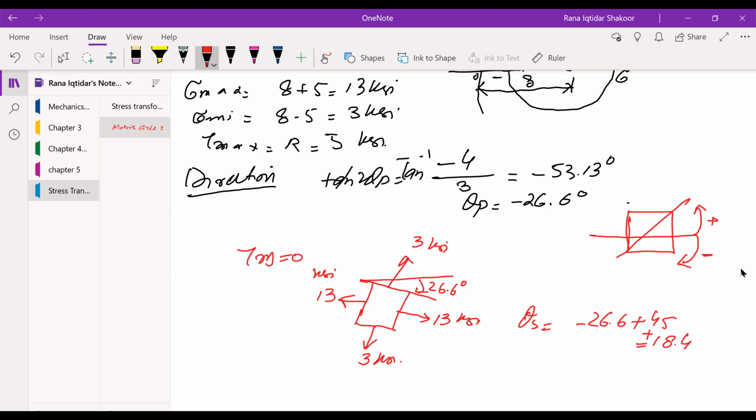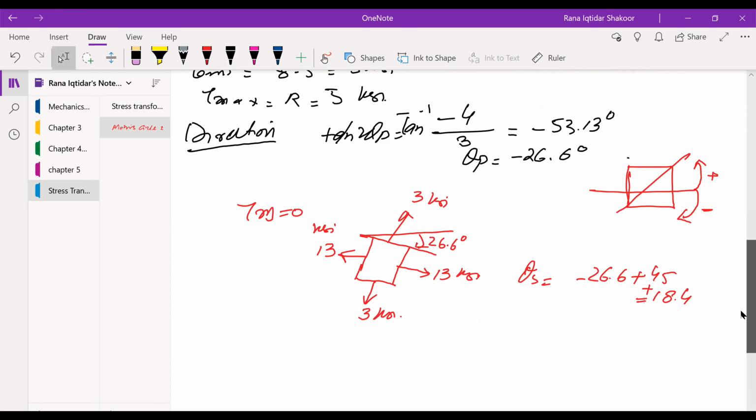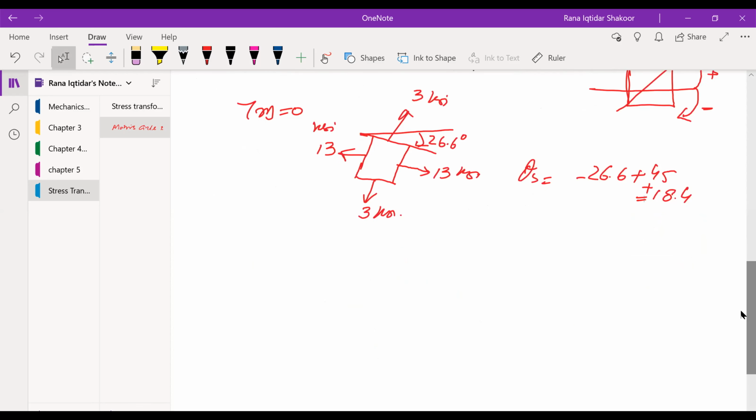So how will we do that? Now you will draw an angle of 18.4. Because it is positive, you are going clockwise, and then you put your segment on that.